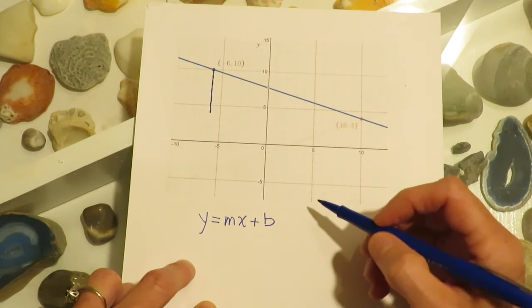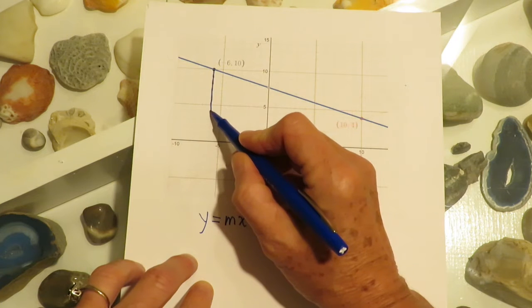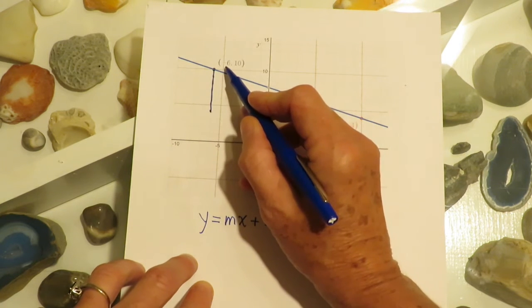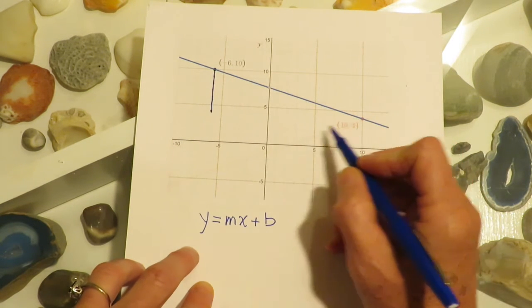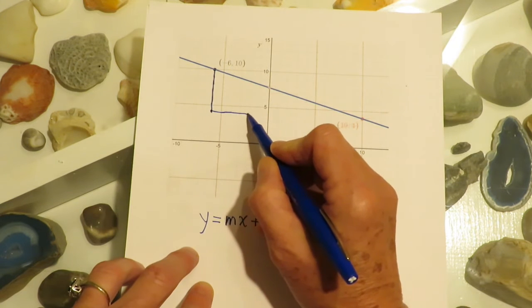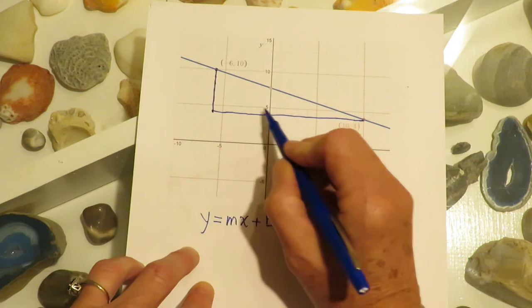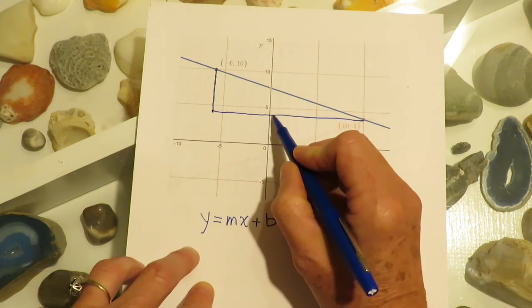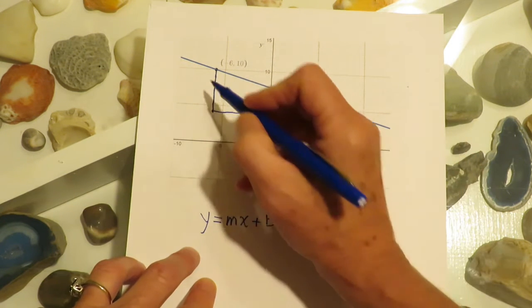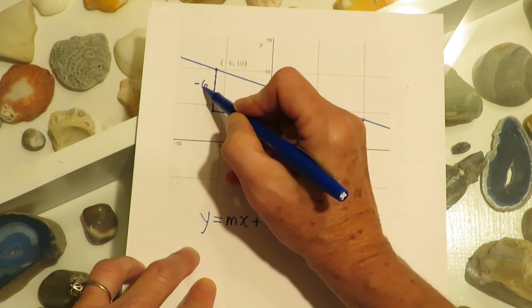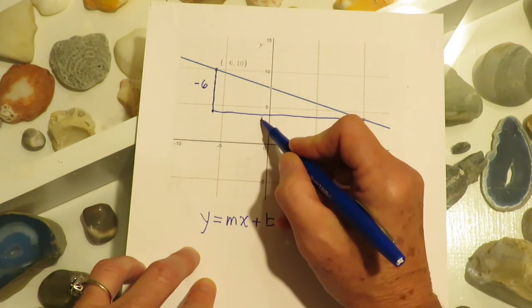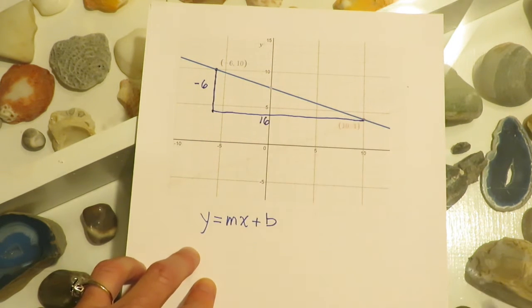I've gone down 6 spaces. If I go from x -6 to x 10, I increase by 16 spaces. I go 6 spaces just to get to 0, and then I go 10 more spaces to get to 10. So this is a decrease of 6. This is an increase of 16.